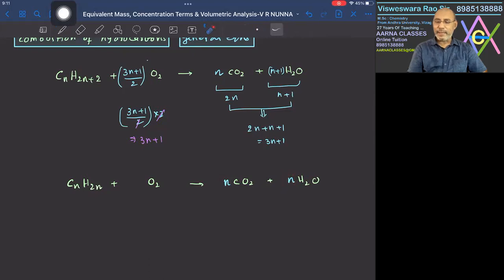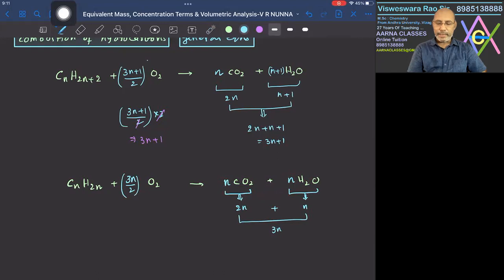How many oxygens are there on the right side? 2N and plus N. 2N oxygen atoms are there here and N oxygen atoms are there here. N plus 2N is nothing but 3N oxygen atoms on the right side. To balance the 3N oxygen atoms on the left side, I will write 3N by 2.